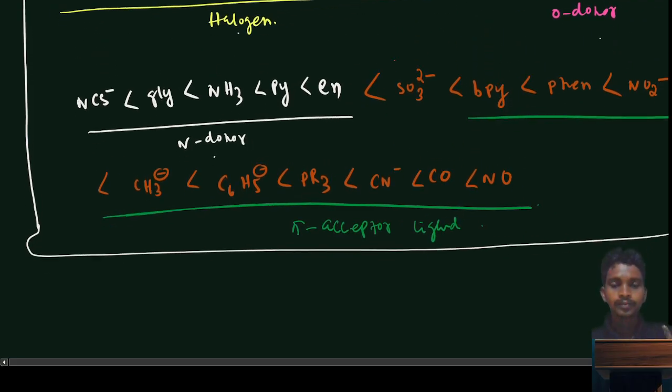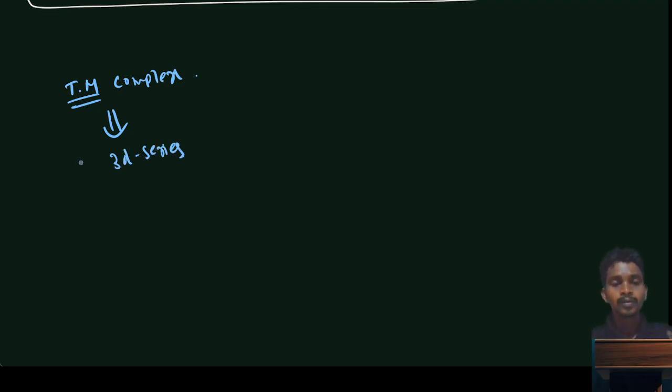So what you see is that for transition metal complexes, we are interested in the 3D series. The 2D series is not there, the 1D series is not there; the 3D series, 4D, 5D are there, because the d orbitals come after this.